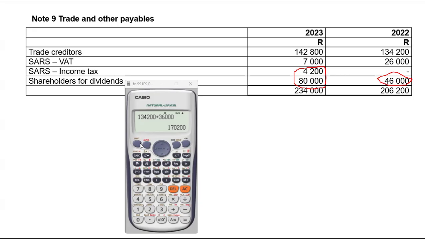Okay. So how much will be the cash outflow here? I'm simply going to take this 170,200 minus how much was it again? Just check.